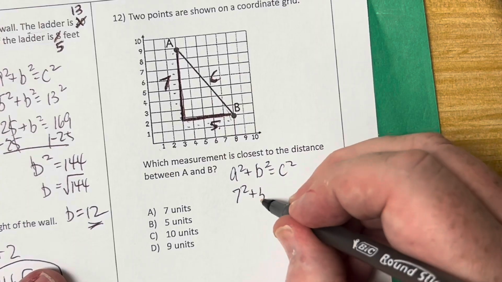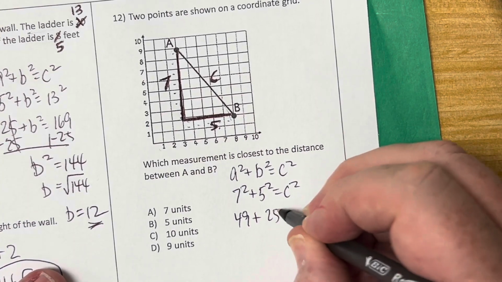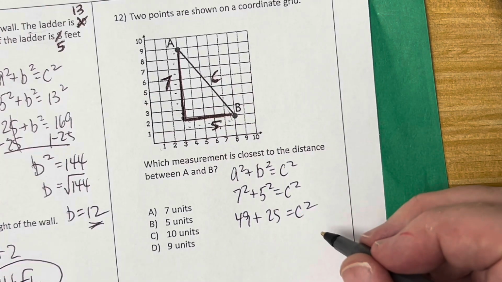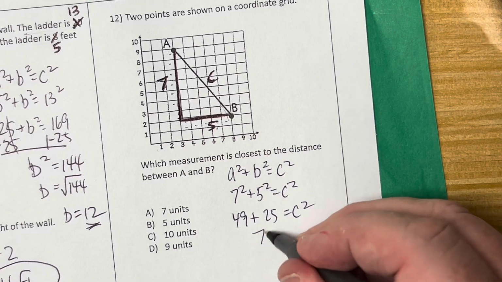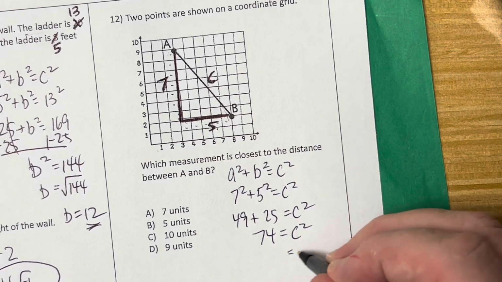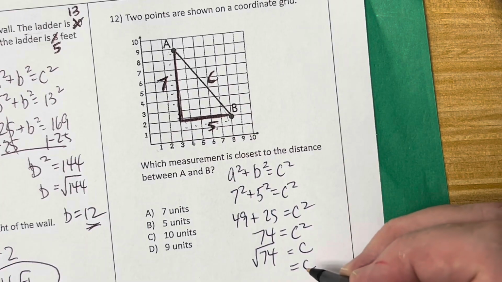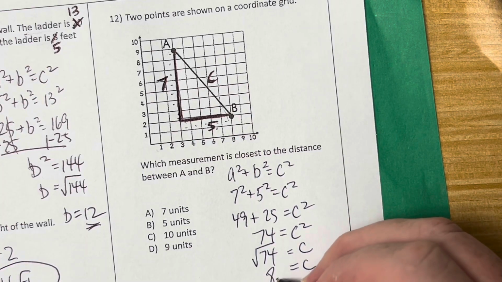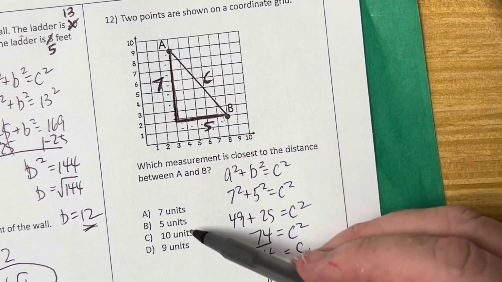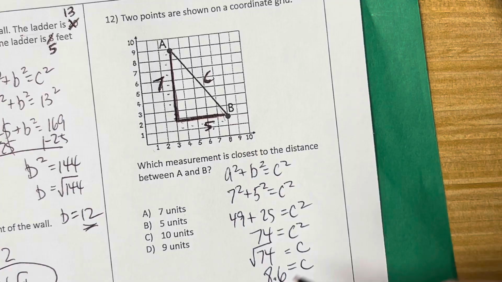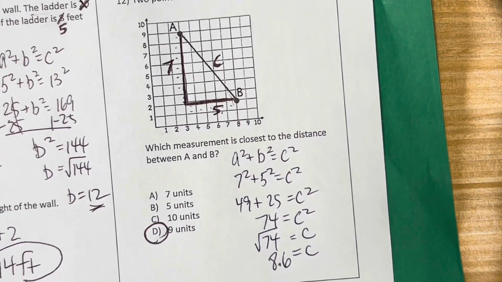That's 7 squared plus 5 squared equals C squared. 49 plus 25 is C squared. 49 plus 25 is 74. So C is the square root of 74, which is 8.6. And it's closest to the distance, so we're at 7, 5, 10, and 9. So 9 would be the best answer of our choices.